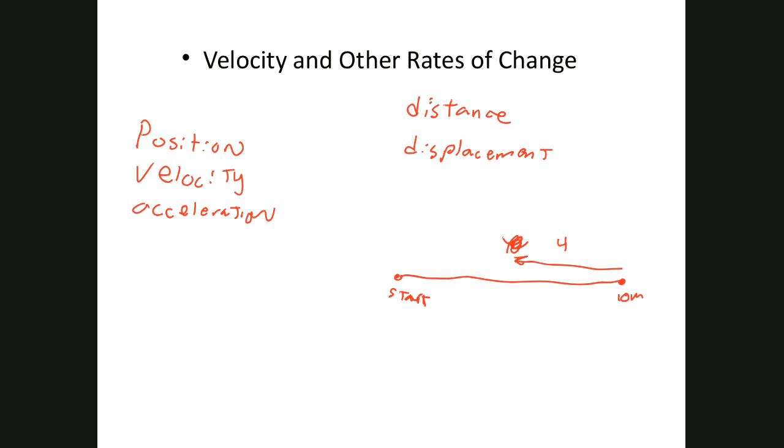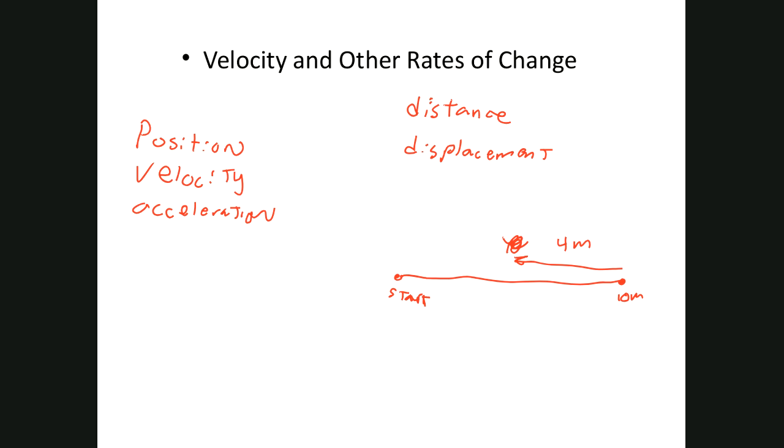Okay. What is my distance that I traveled? What is my displacement in this problem? Okay, my distance is? Distance is 14 and displacement is 6. Correct. So there is a difference between distance and displacement.